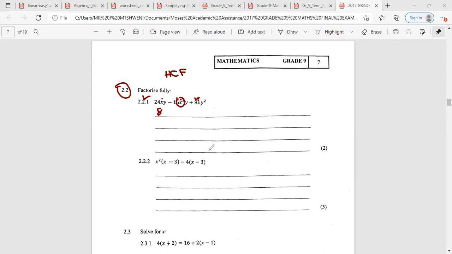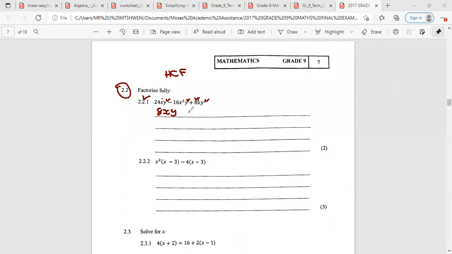There's only one x that is common to all terms, so I'll take x. I have y, y, and y squared. There are two y's in the last term, so I'll take one because only one y is common to each term.